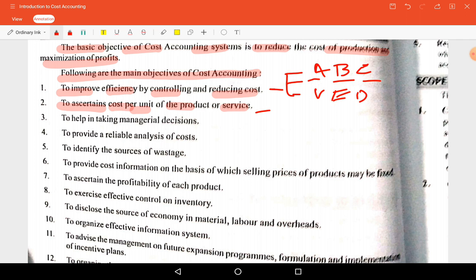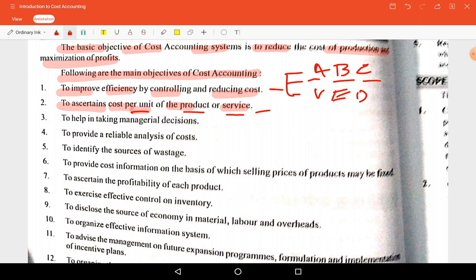Overall total cost you will know, overall profit you will know, but the main objective of cost accounting is to ascertain cost per unit. Per unit, how much cost will be incurred to produce a product or service will be known through cost accounting.